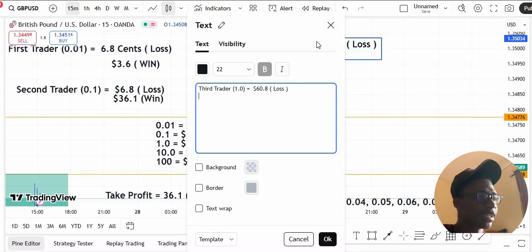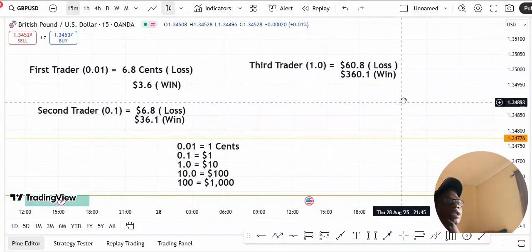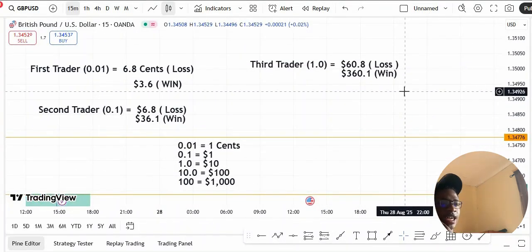But if the market ends up being a gain, we have 36.1 pips. That is going to be equivalent to $360.1 if it goes into a win. So you notice all three traders have one thing in common.